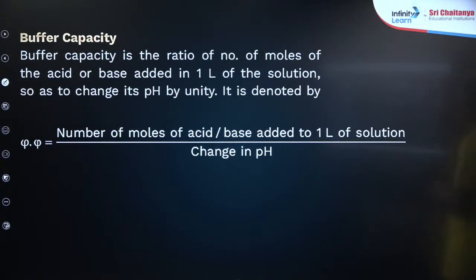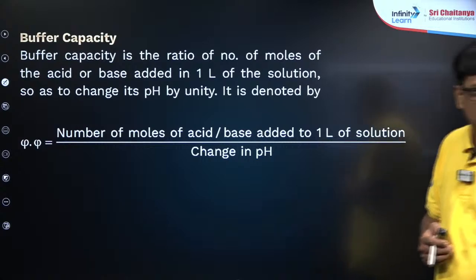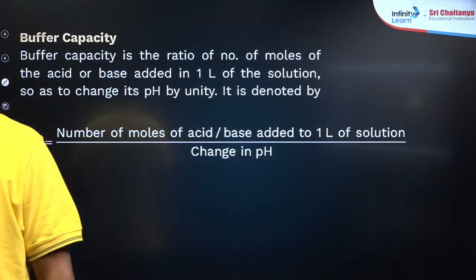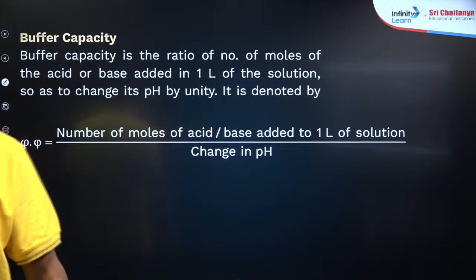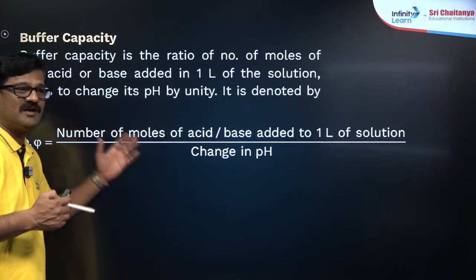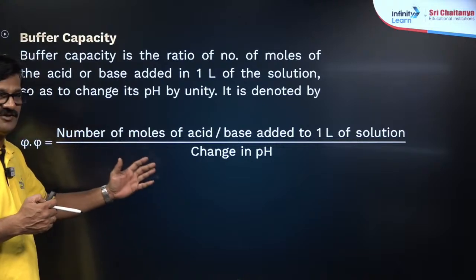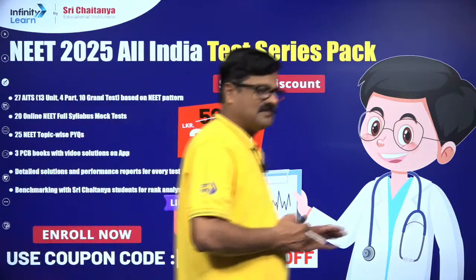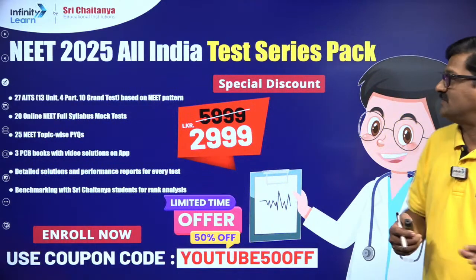Buffer capacity is the ratio of the number of moles of acid or base added to the buffer to change the pH by 1 unit. Based on this buffer capacity, numericals can be asked in the NEET examination. And we are almost done with the concepts.